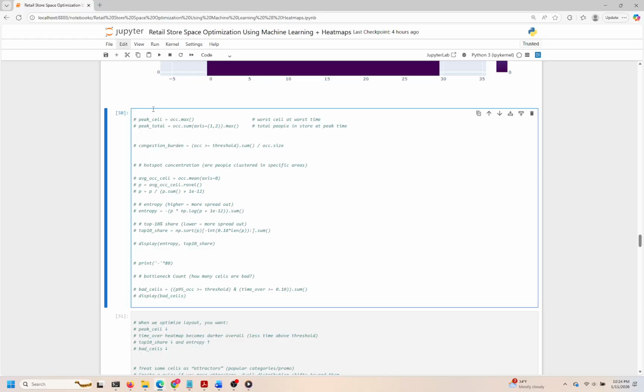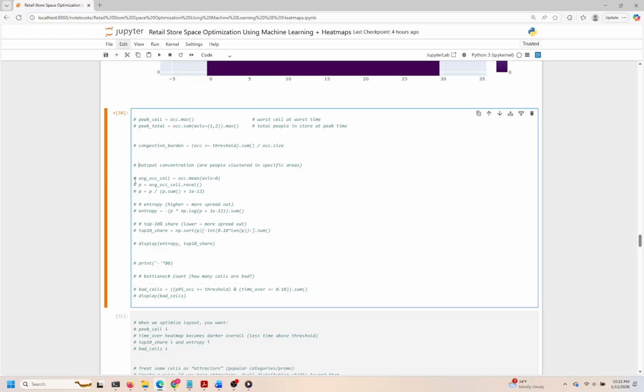We begin by determining the peak occupancy at a particular cell during the worst time, and then assess the overall peak occupancy across the entire area, which allows us to identify not just individual problem spots, but also broader patterns of crowding. The first key step involves calculating the maximum occupancy recorded at any single location. This helps pinpoint the worst-case scenario in terms of crowding.